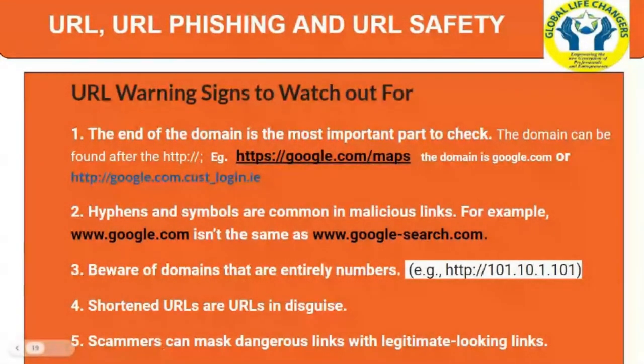And then beware of domains that are entirely numbers. I mean, how can you identify someone whose name is written in numbers 1, 2, 3, 4? Come on, how will you identify that person at all? Sometimes you will come across a domain that is shown just as an IP address in numbers, just like this one.